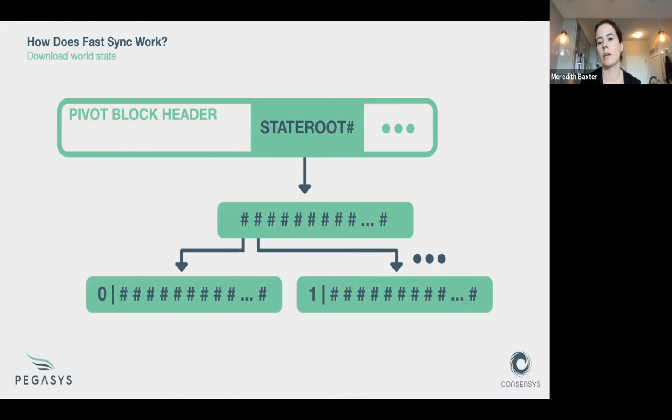We'll send a request to the network: can I get the node that's associated with this hash? The root node of the world state trie will come back. It has a bunch of hash references, so we can send out requests for all of those. We'll get back more node data that has more hash references, and you basically just walk down the tree in this way, requesting hashes as you encounter them.